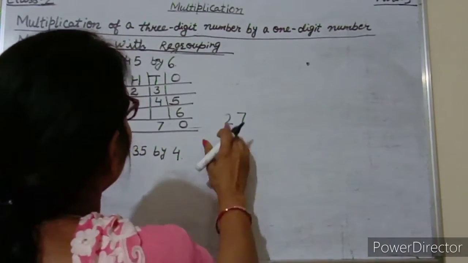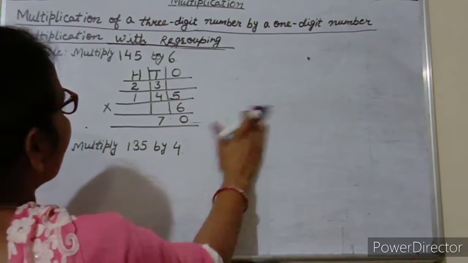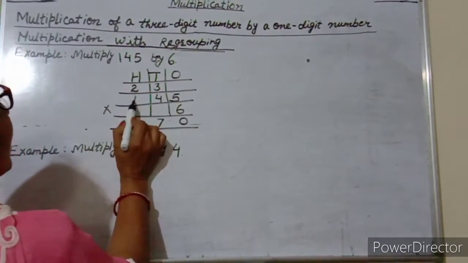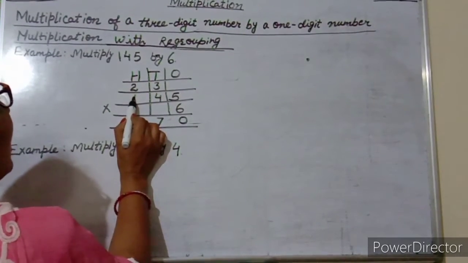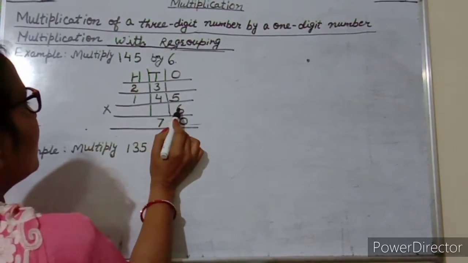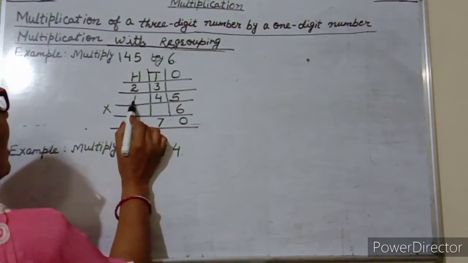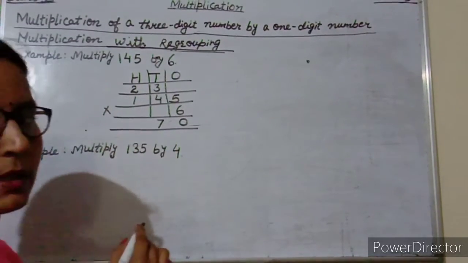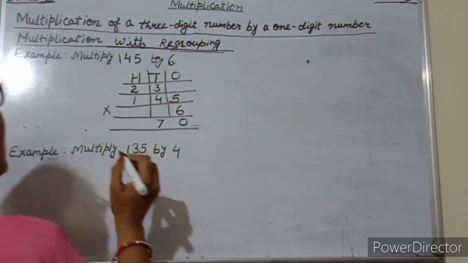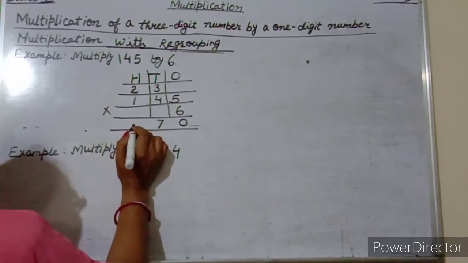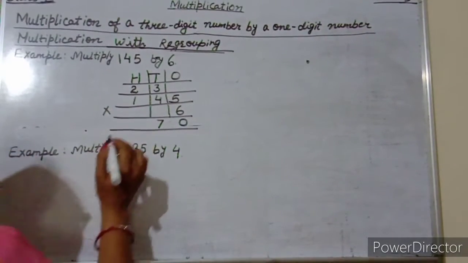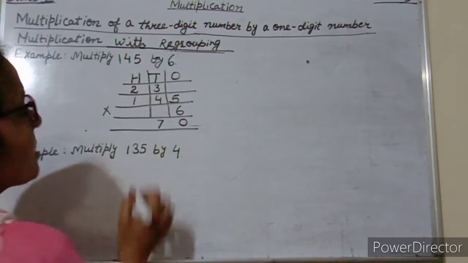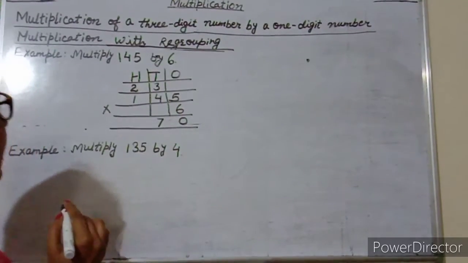Now students, what will we do? Now we will multiply 100 into 6. 100 into 6 is 600. So 600 plus 200 is 800.